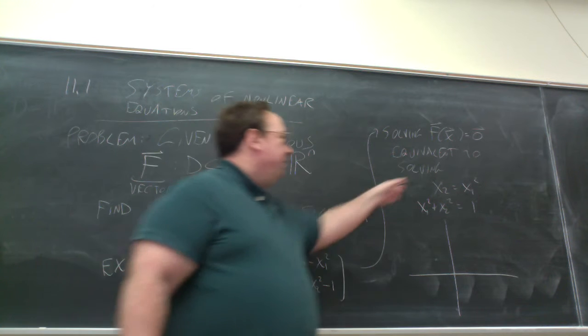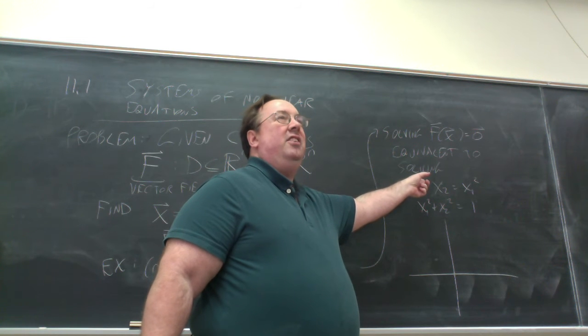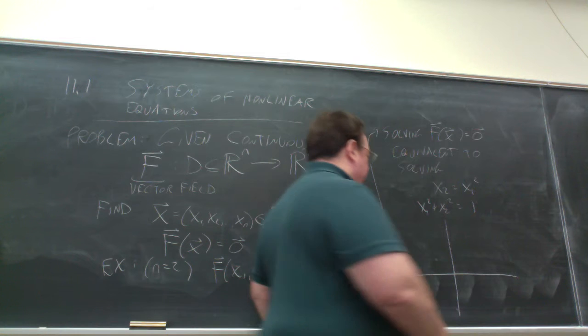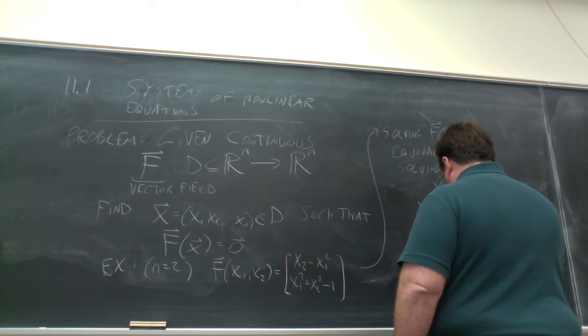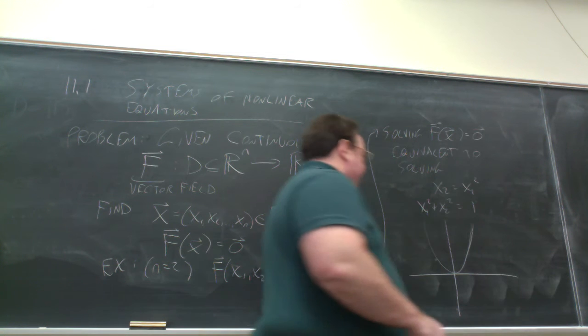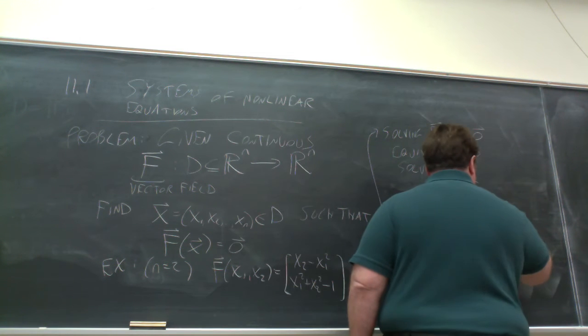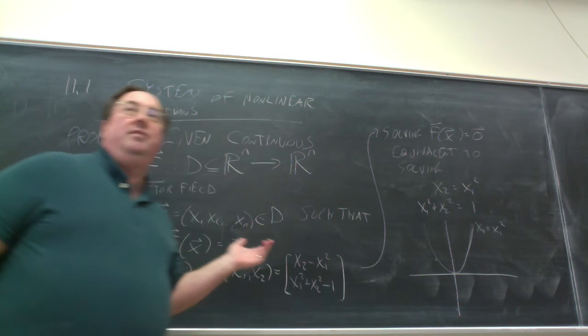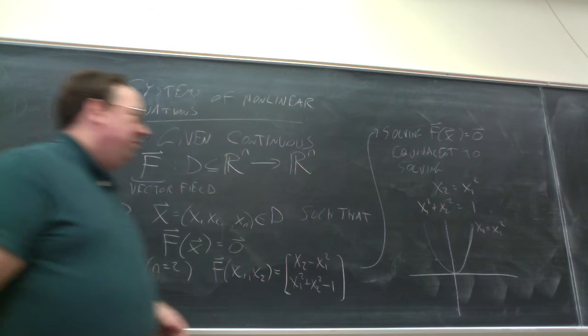So what kind of curve is this? Yeah, it's a parabola. It's y equals x squared. Everyone's favorite parabola, presumably. And here's a badly drawn parabola. So this is x2 is x1 squared. All right, and what about the other one? Circle. Yeah, that's just a unit circle.